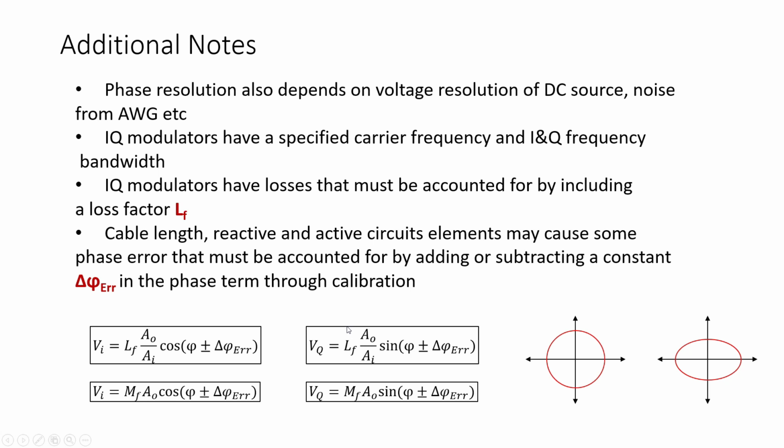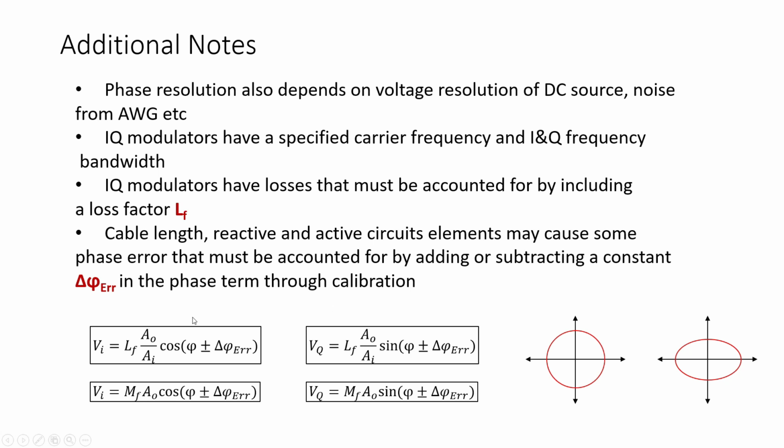One should also note that the loss factor could depend on the phase. In that case, the phasor diagram won't be circular, but elliptical. Such errors can be easily compensated by applying a loss function that depends on the value of phi. It is important to do calibration before using such phase shifters by observing the output using an oscilloscope.